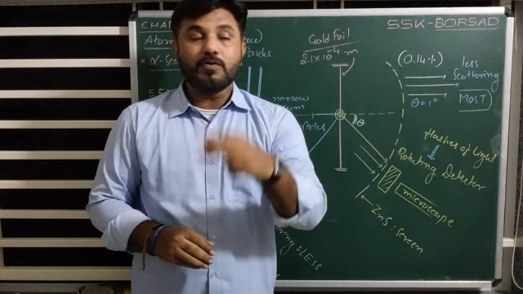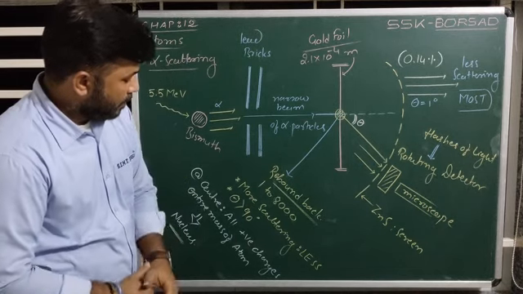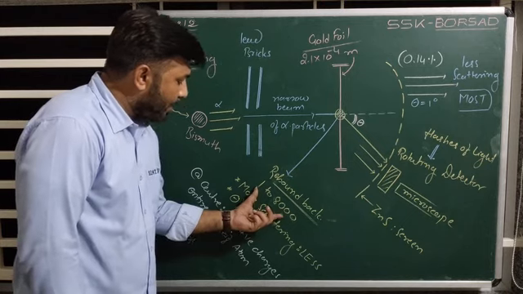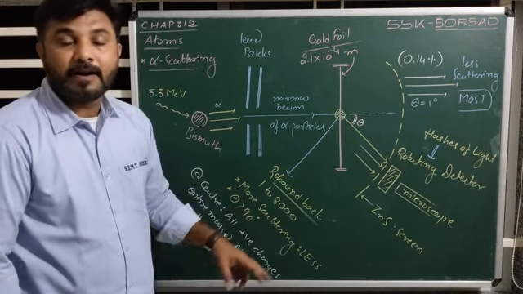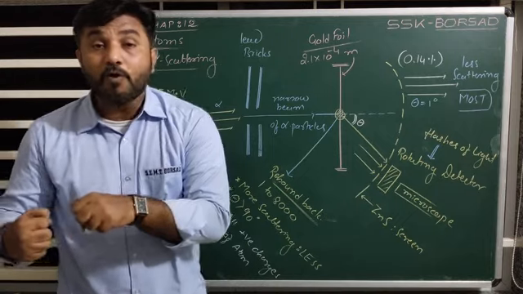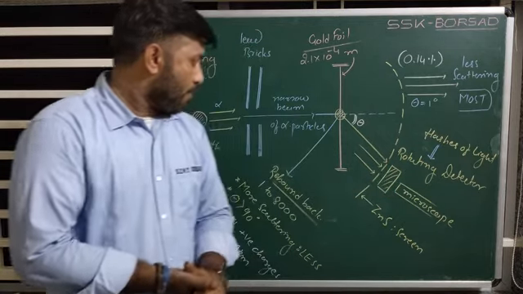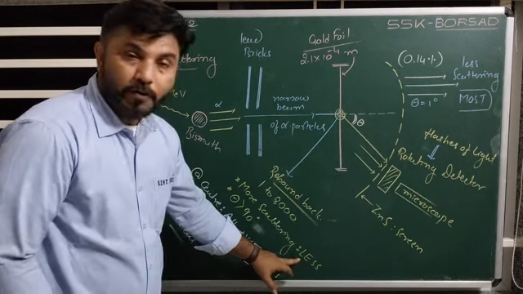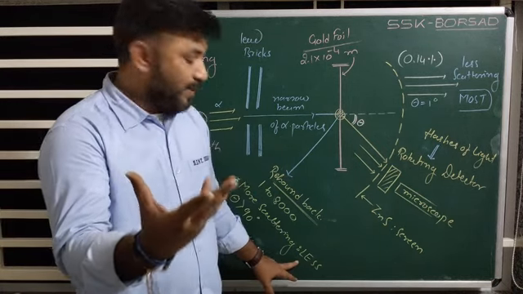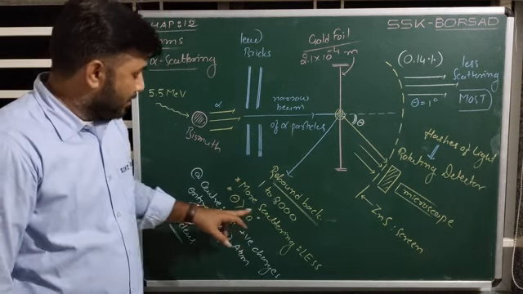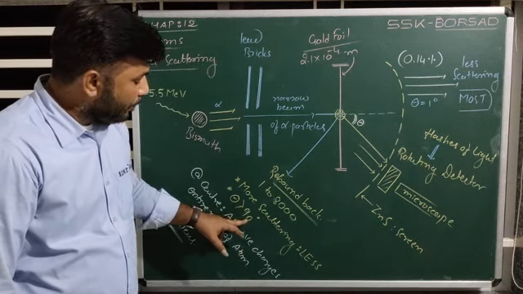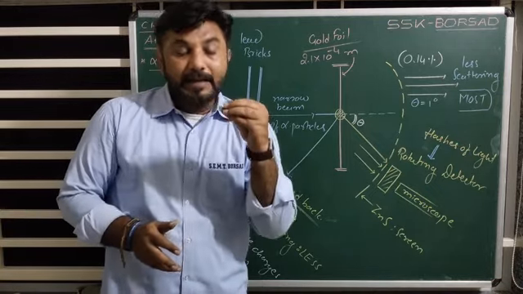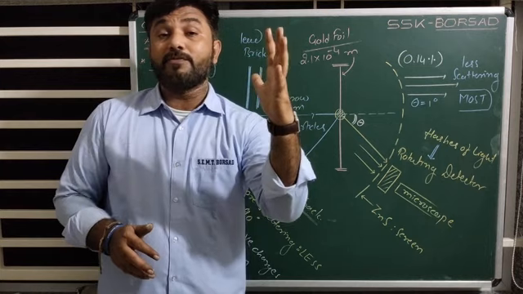What is the second conclusion? Few of the alpha particles, that is 1 in 8,000, rebound back from the region where the scattering is more, very few alpha particles having more scattering, and the scattering angle is more than 90 degree. It means inside the atom there is a region which has positive charges.